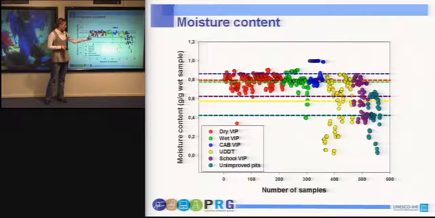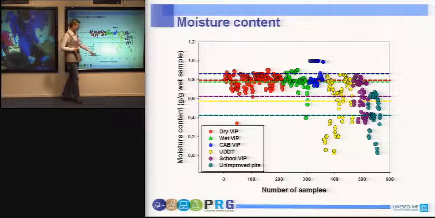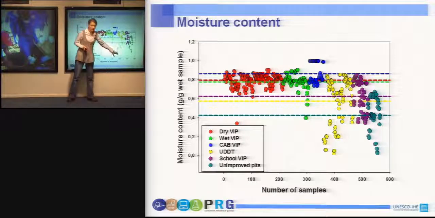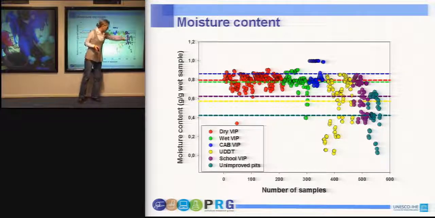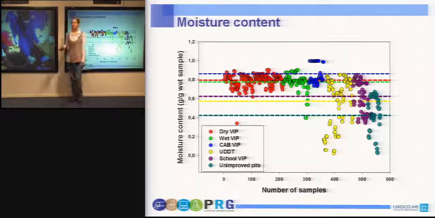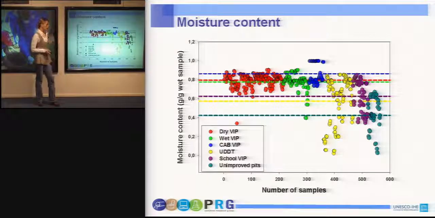These samples show a larger variation because, as we said, we had an active pit and a standing pit or vault, where in the standing vaults the moisture content was much lower because a stabilization process was taking place. And then similarly in the unimproved pit latrines, where the sludge was quite aged, we had a much lower moisture content.